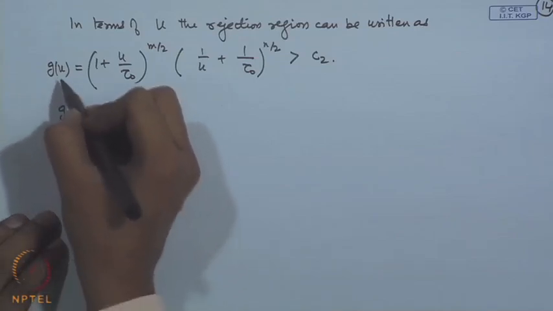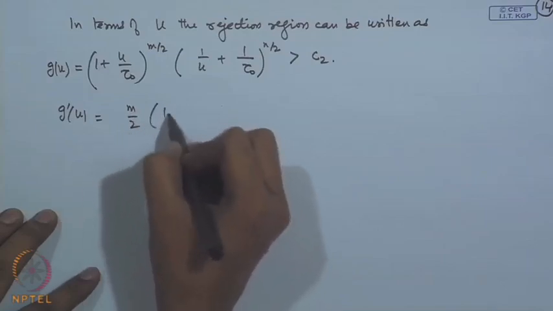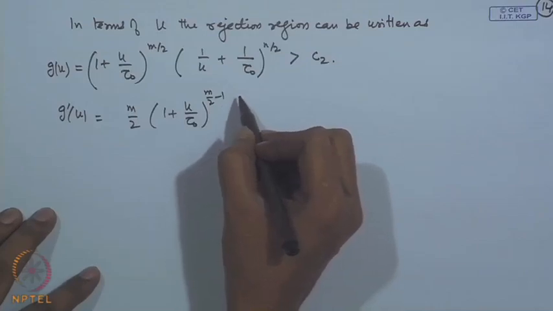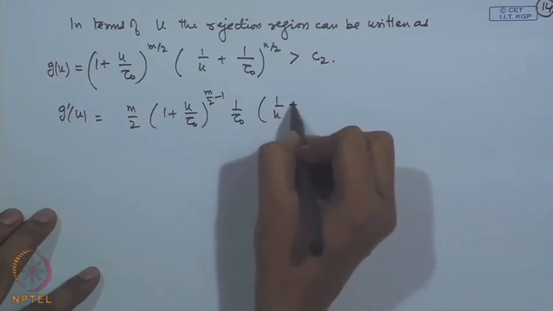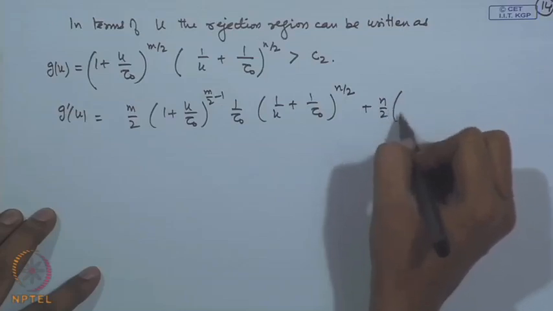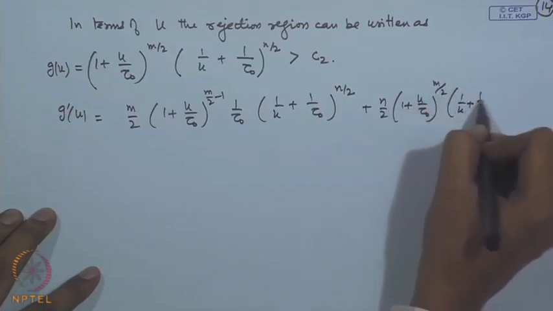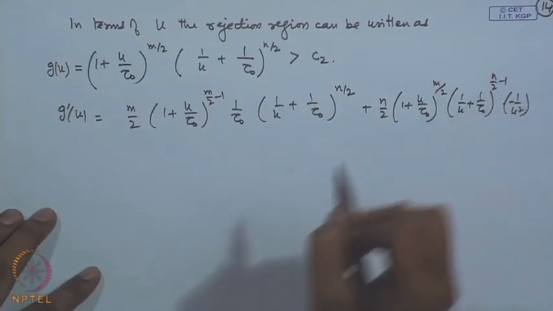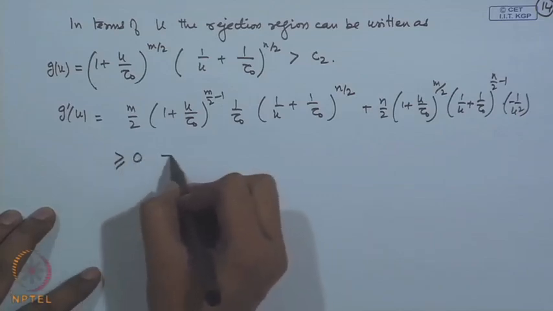Then let us look at g prime u, that is equal to m by 2 (1 plus u by tau naught) to the power m by 2 minus 1 into 1 by tau naught into (1 by u plus 1 by tau naught) to the power n by 2, plus n by 2 (1 plus u by tau naught) to the power m by 2 (1 by u plus 1 by tau naught) to the power n by 2 minus 1 into minus 1 by u square. So, this is greater than or equal to 0 if and only if.